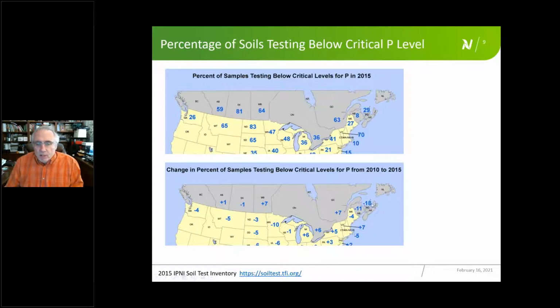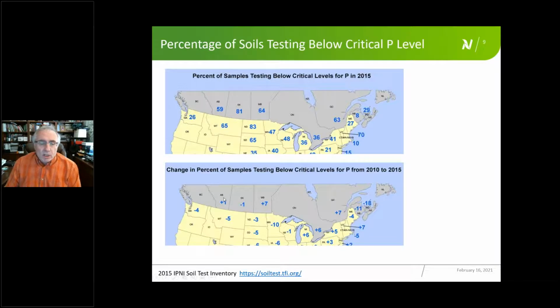If we look out to the maritime provinces, we see negative numbers. What does that mean? That means the number of samples below the critical level has decreased significantly, actually by 11 and 18% in New Brunswick and Prince Edward Island. So that's suggesting they're applying more phosphorus, raising the soil test levels.